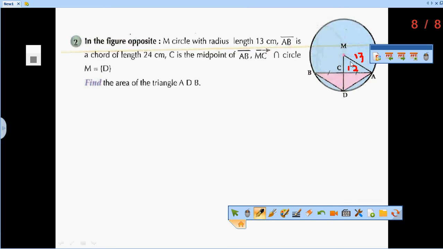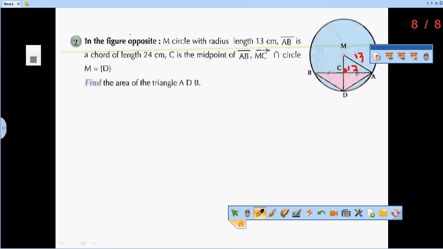Okay, now it's easy to find the length of MC by using the Pythagorean theorem because we know that C is the midpoint, so this angle is 90 degrees. It means MC is perpendicular to AB. So now I can use the Pythagorean theorem to find MC.